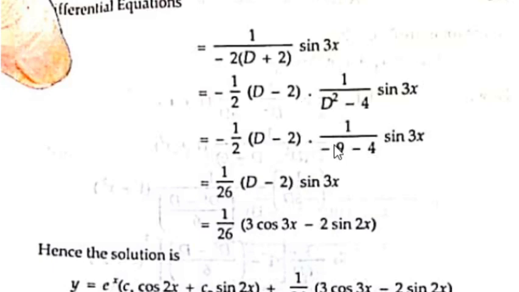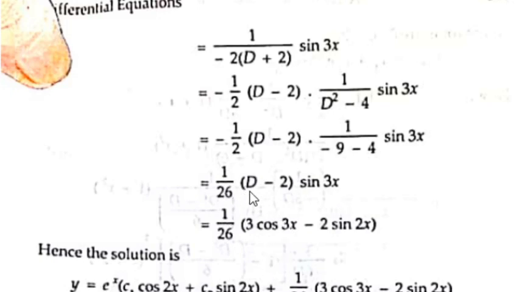Then this −13 and this 2 are multiplied, and since it is also minus, minus into minus becomes plus. So 1/26 times (D − 2) as it is, sin 3x. Now this 1/26 as it is, and this is to be operated on sin 3x.